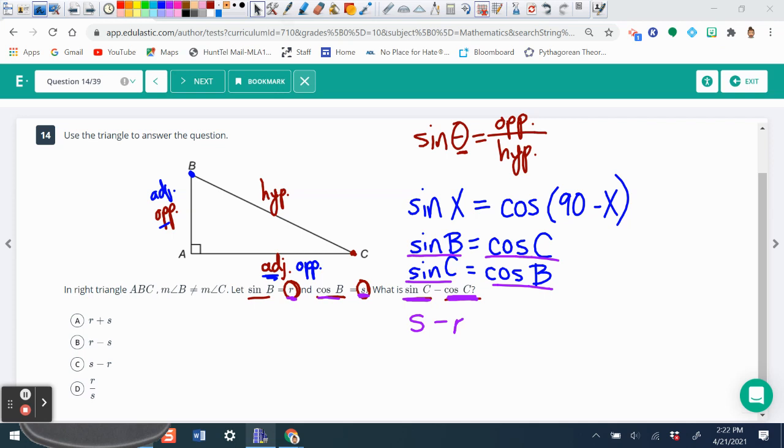And so that's why they tell us that the measure of angle B and angle C are not equal. That would actually create a slightly different problem. So what does sine of C minus cosine of C equal? Well, S minus R.